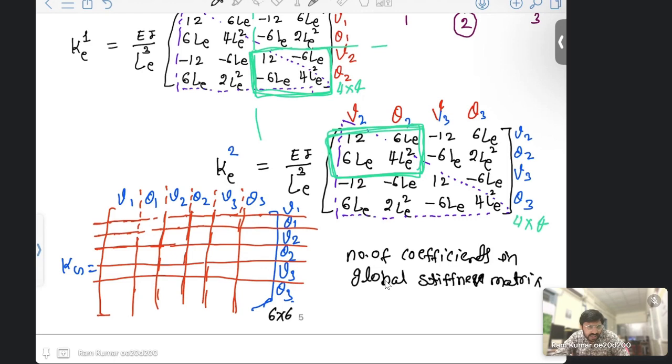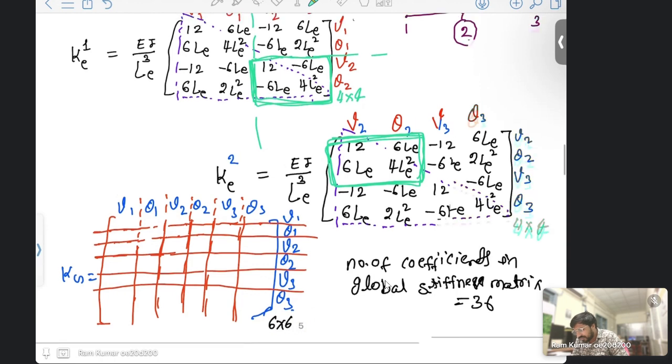Can you tell me? It is having 6 by 6 size, so total will be 36, no? Coefficients means like 1, 2, 3, up to 16. 36, up to 36. So it will be 36.